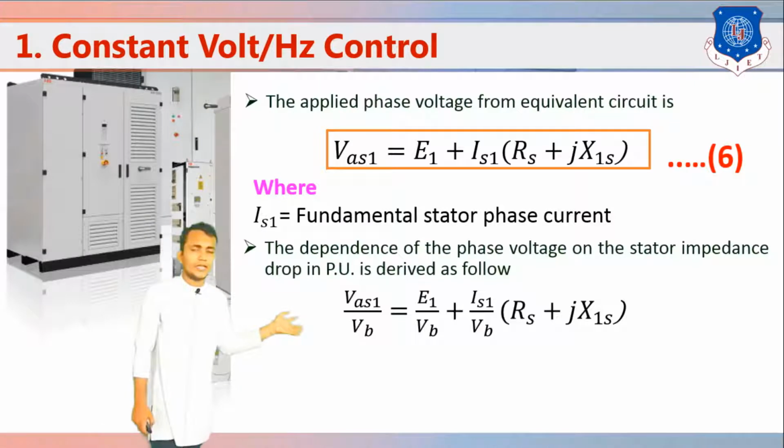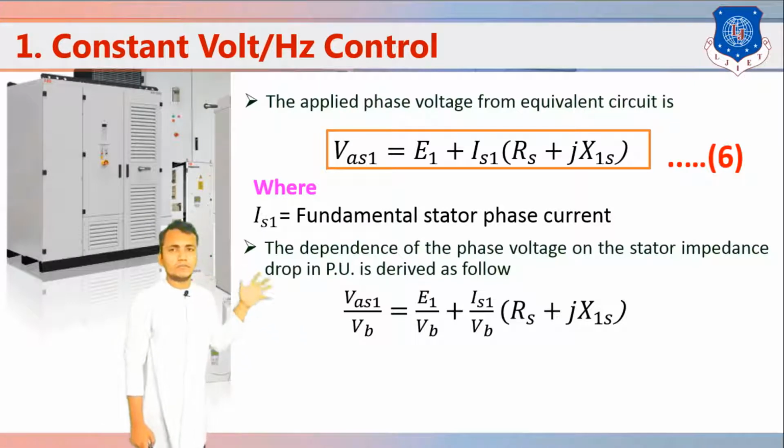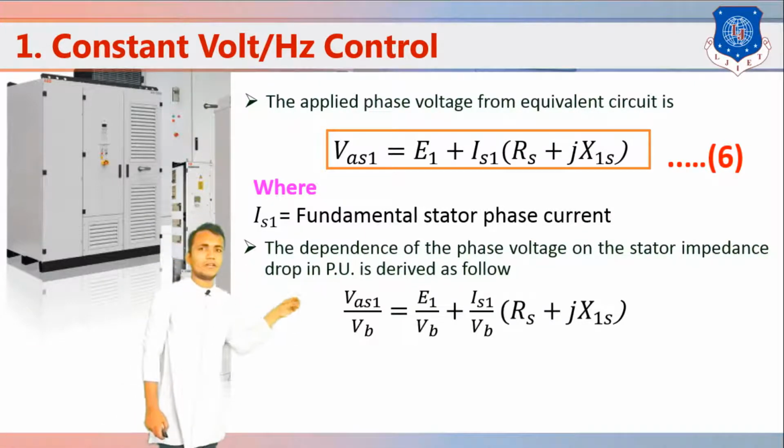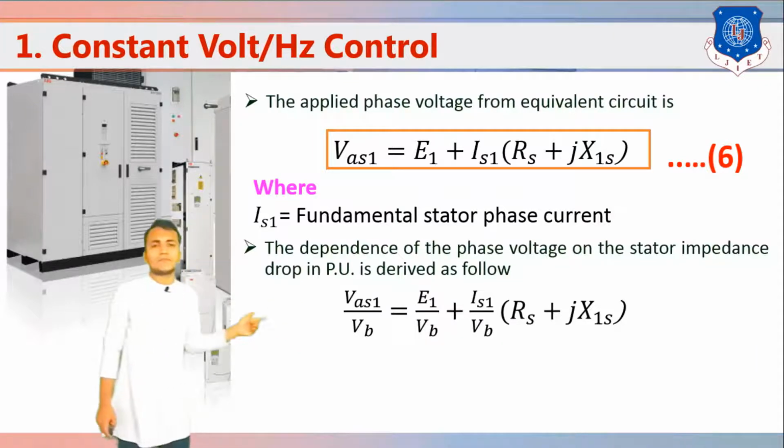We know the per unit definition: every quantity is divided by the base value. So here we have divided equation number 6 by the base value VB. So Vas1 divided by VB is equal to E1 divided by VB plus Is1 divided by VB in the bracket Rs plus jX1s.